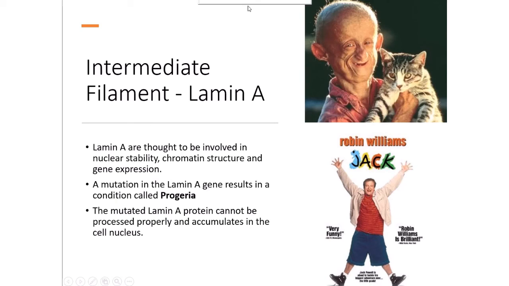So that mutation in the lamin gene is actually related to a condition called progeria. In progeria, you have basically accelerated aging in the person. So this is just an 11-year-old boy, but you can see he has all the features of an old person, and that's caused by the mutation in the lamin A gene.